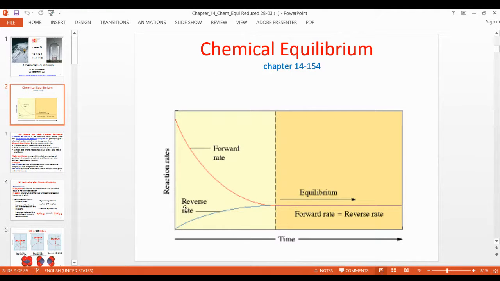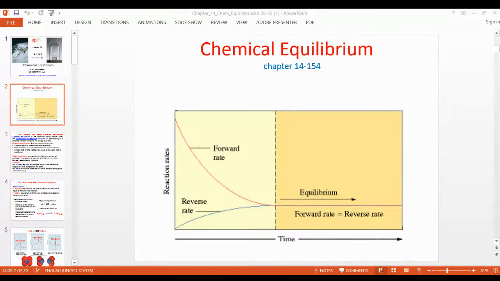So look at here, the reactant is on the left side and the product is on the right side. But what is in the middle? The equilibrium. The graph shows the reaction rate against time.